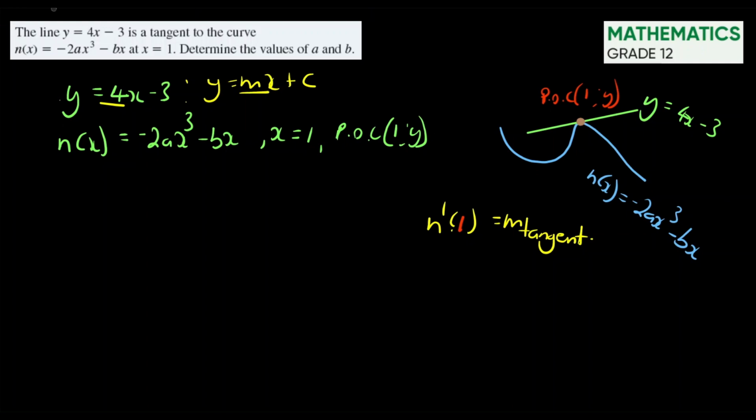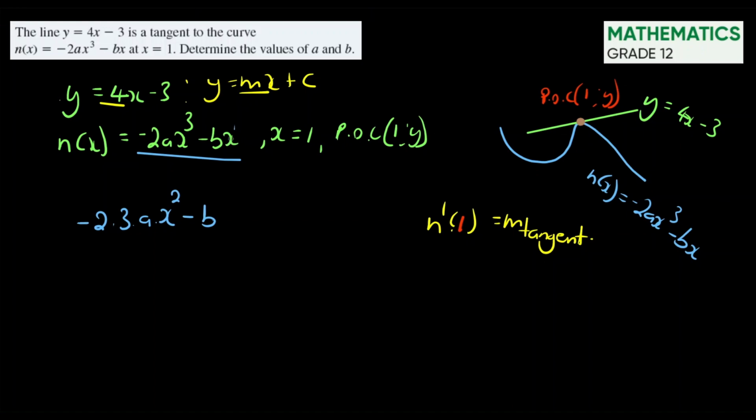So let's apply and consolidate what we just said. The first derivative of n of x, if we differentiate this, we get negative 2, drop the 3, which will be 3a times x to the power of 3 minus 1, to give us 2, minus b. The exponent of x is 1.